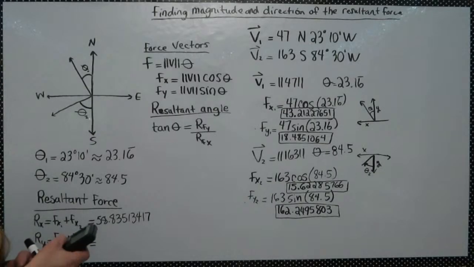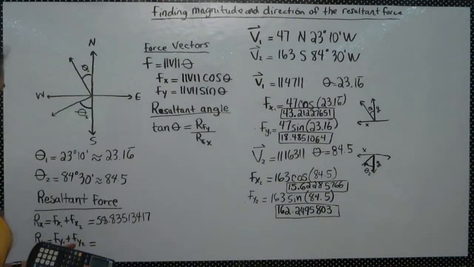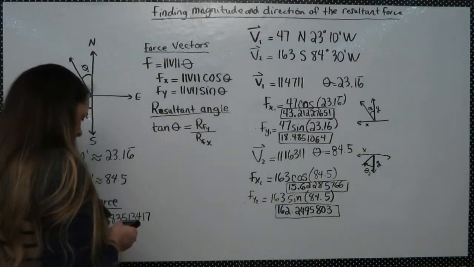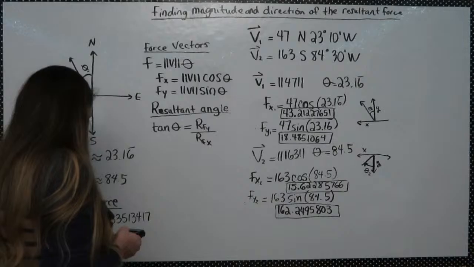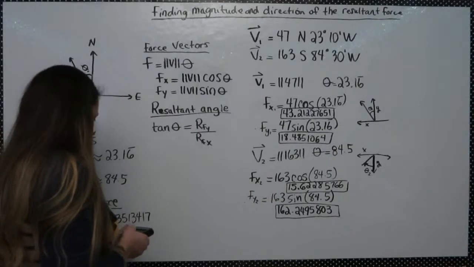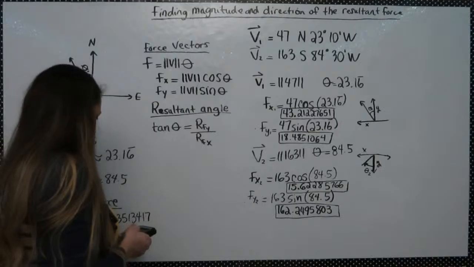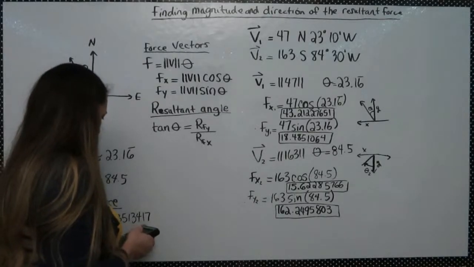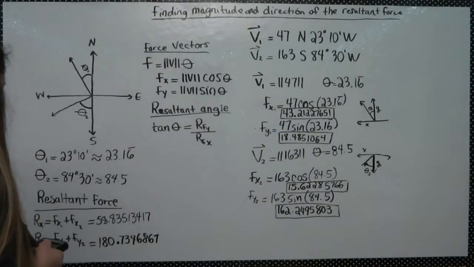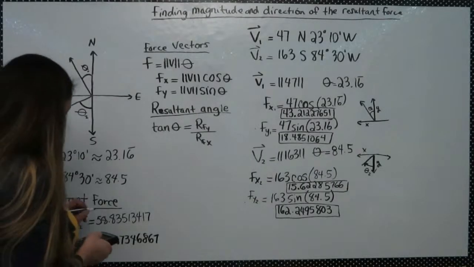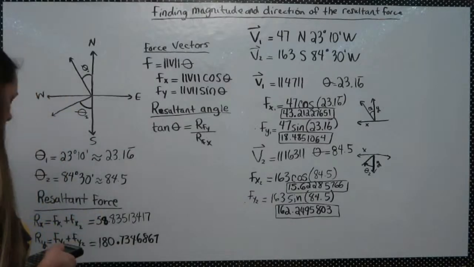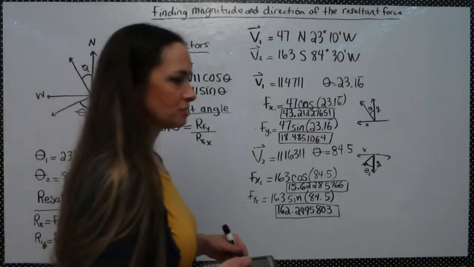I'm getting 180.7. So the components, the x and y components of these four vectors.